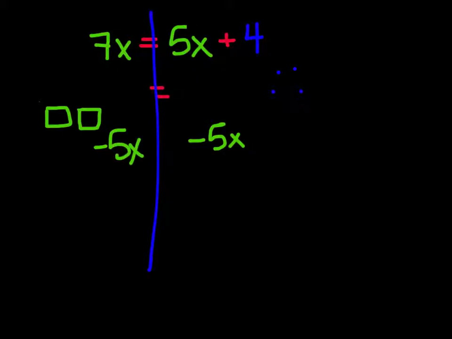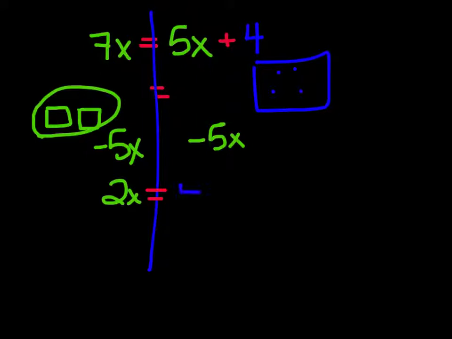Let's draw our huge thing. So if we have 5x subtracted from both sides, 7x minus 5x is 2x. If we look at our drawing, that's what we have. 2x is equal to these 4 left over. 5x minus 5x, that just all disappears.